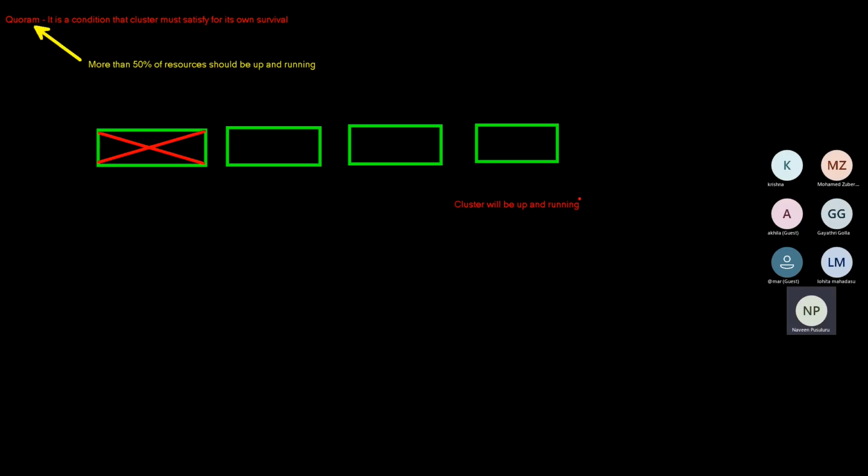Let's assume 3 of my nodes went down. Obviously, now the resources which are up and running are less than 50%. So it will shut down this node as well, and it will bring your entire cluster down. Your entire cluster will be shut down and everything will be impacted. Okay, so let's assume that I have a 6 node cluster.